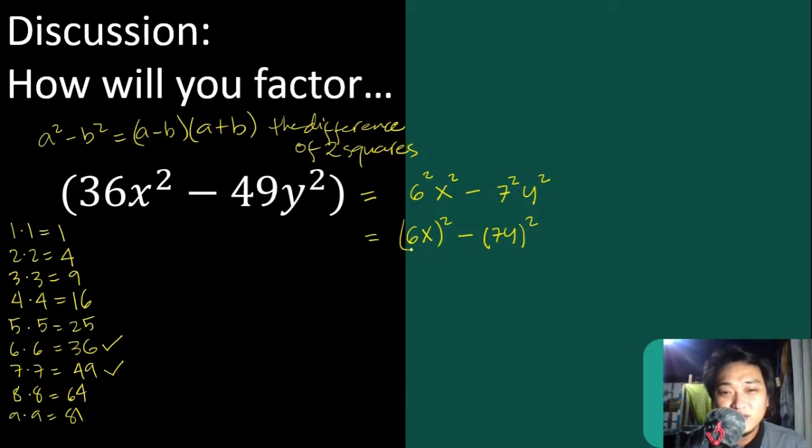So, makikita mo agad yung term ni A, pinaka-term ni A, at saka yung pinaka-term ni B. Ngayon, kung duda tayo, kailangan i-recheck natin what is the square of 6, that is 36. What is the square of x? That would be x squared. Anong square ni 7? That is 49. Anong square ni y? That will be y squared. So, check lang po natin para hindi tayo nagkakamali. So, in this case, nakuha na natin yung a term at saka yung b term.